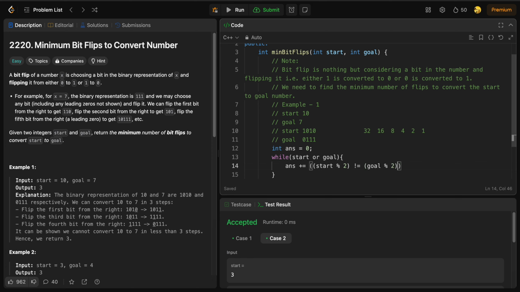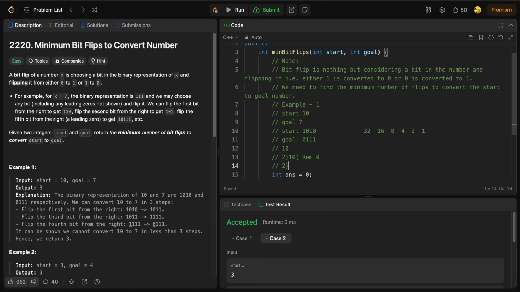So got this, why I'm doing this? I'll try explaining more clearly. If the given current number is 10, I'm pretty sure you know how to find the binary representation of 10, right? First we divide 10 by 2. Dividing 10 by 2 gives a remainder of 0, so I'll write the remainder 0 over here, and the quotient would be 5.